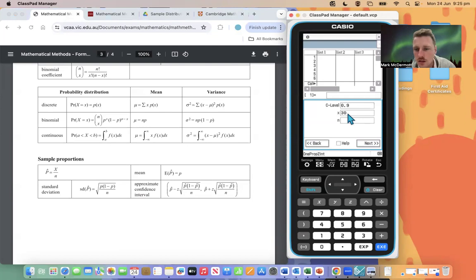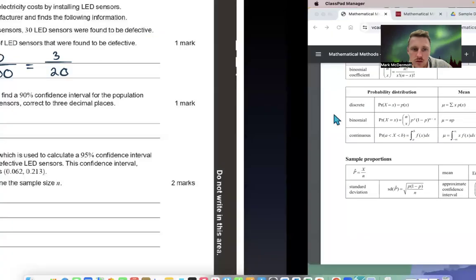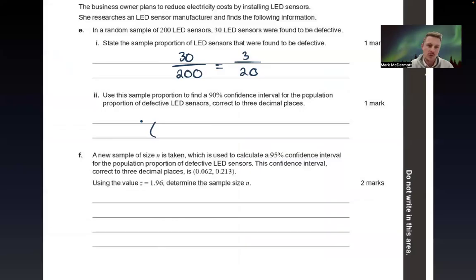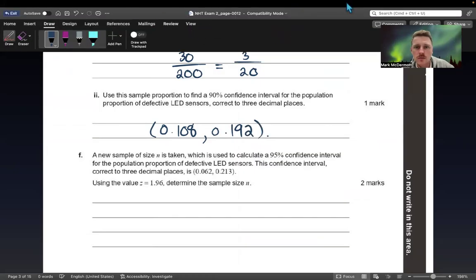Out of the 200 sensors, 30 were defective. So we get very similar answers, but this one is 0.108 and this one's 0.192.